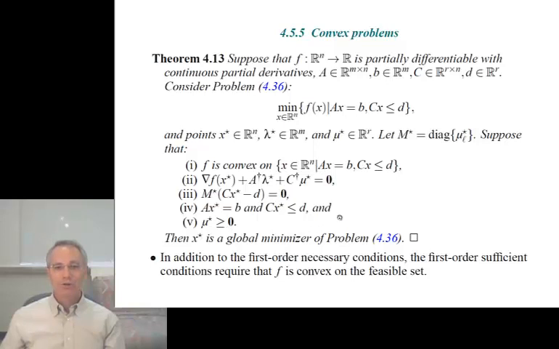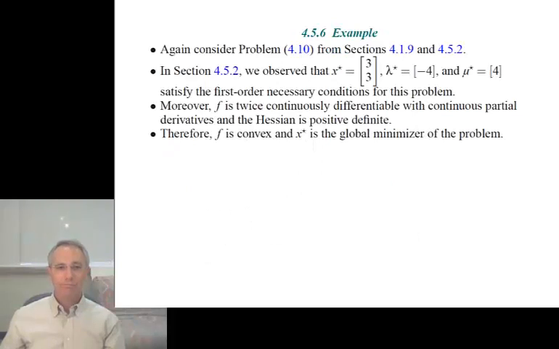In addition to the first order necessary conditions, this requires that f is convex on the feasible set. And if that's the case, the first order necessary conditions become sufficient for finding a global optimizer. Again, we can look at an example. We'll consider problem 4.10. We've already seen the Lagrange multipliers, and we see that they satisfy the first order necessary conditions.